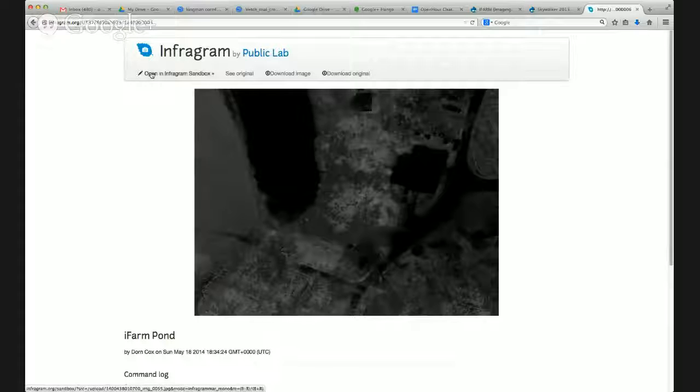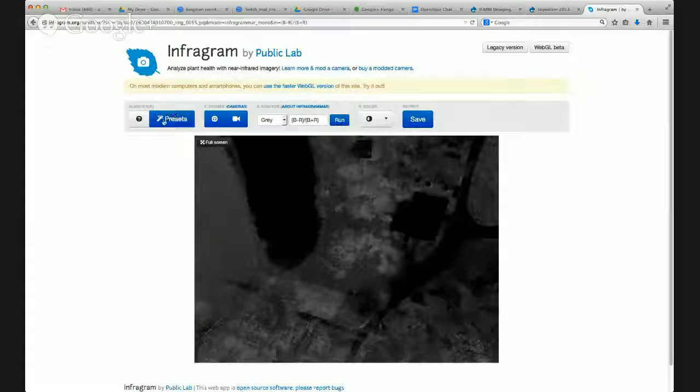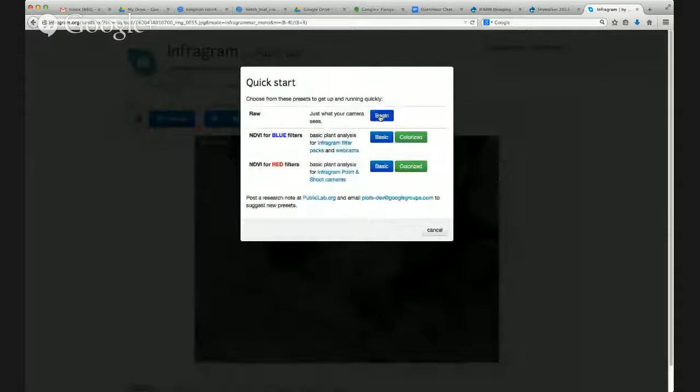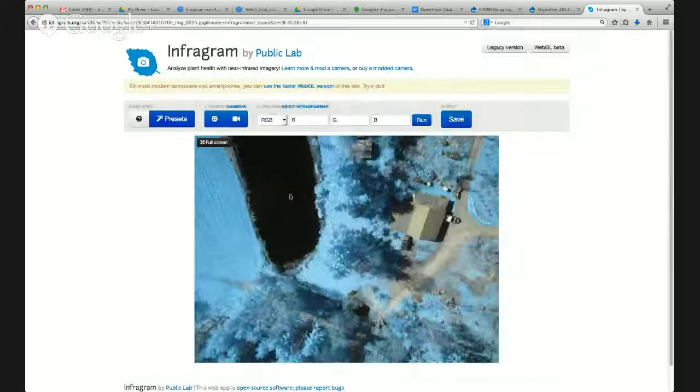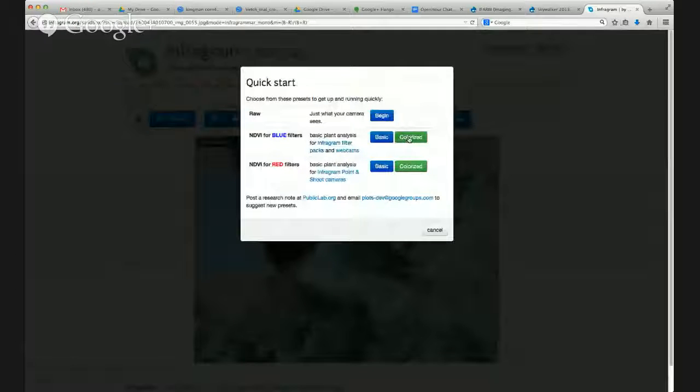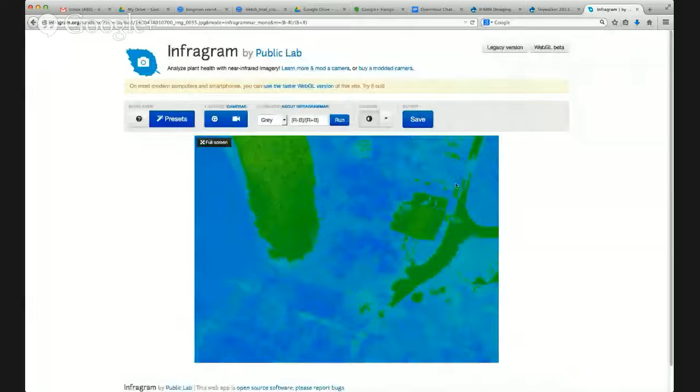So let's see if we can get this one opened up. So this was the original image here, and surprisingly there's very little aquatic growth in this pond showing right now, and you can see it again even without the processing. And we'll go through the blue filter colorized, and it makes it pop a little bit along the edge there.